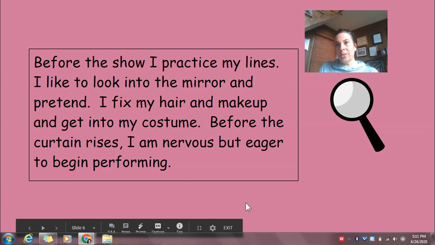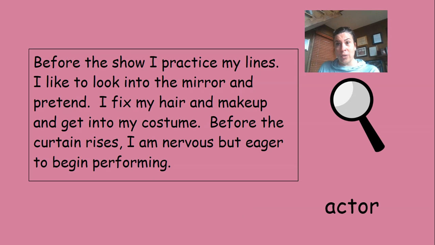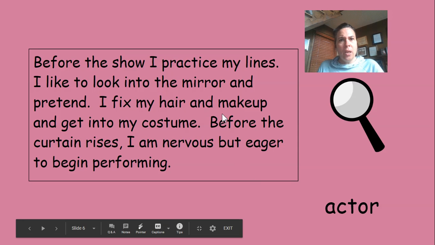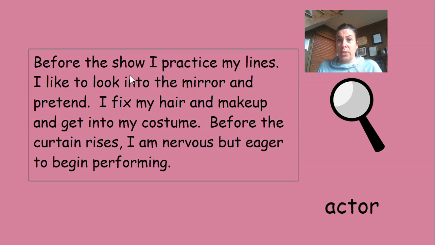All right, boys and girls, what was your inference? Who are we talking about? Did you say an actor or an actress or someone performing? You were right. What are some of my clues to help me get this inference? Well, before the show, so they're going to put something on for people to watch. They practice their lines.